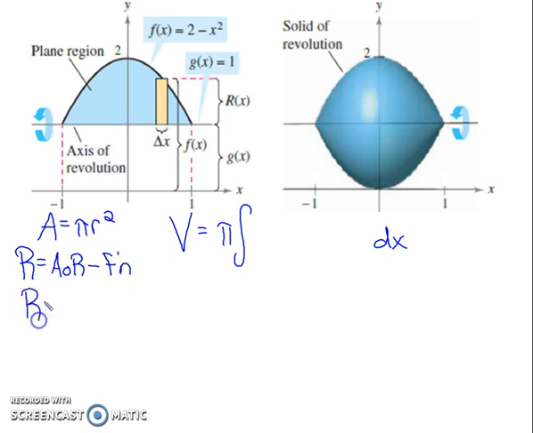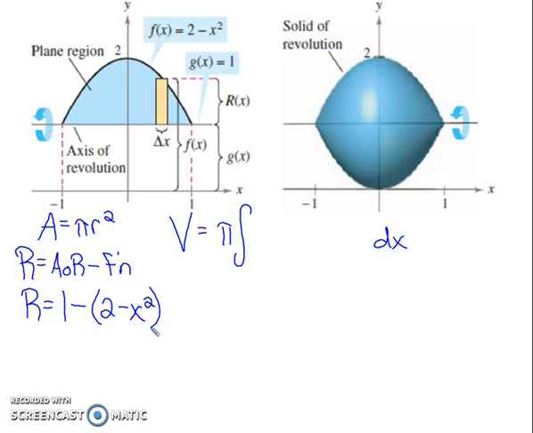So in this case, my axis of rotation is y equals 1 minus the function 2 minus x squared. And so that ends up giving you your function like that. Now, would it have mattered if I had reversed the order, since the function is farther away from the x-axis than the axis of rotation is?